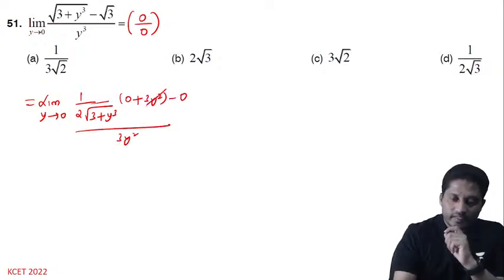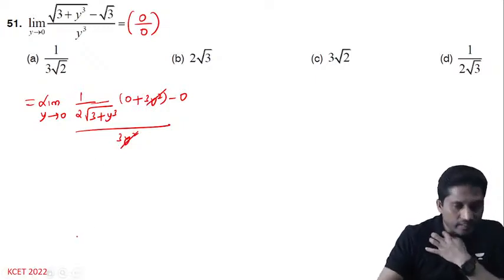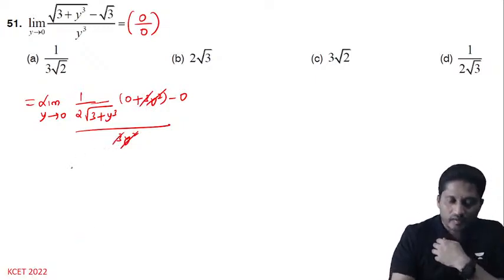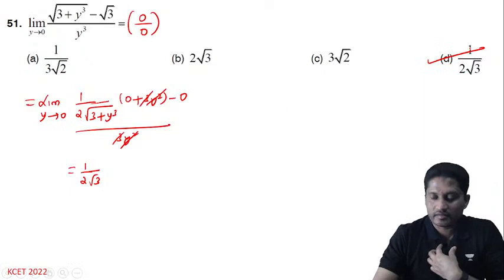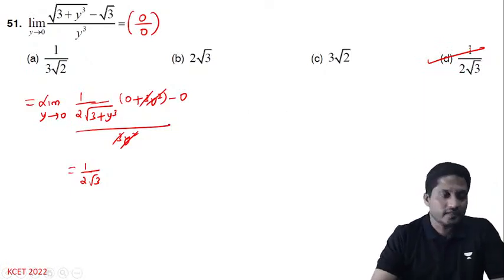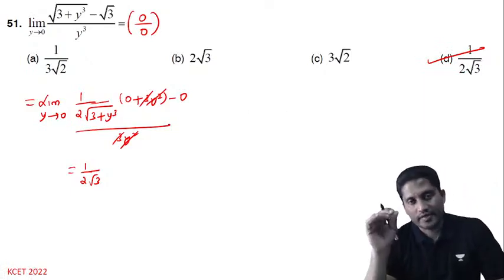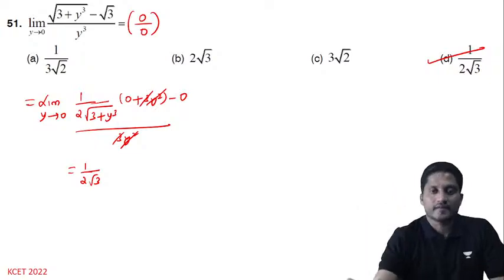This 3y square will cancel, and cancel 3 as well. y is tending to 0, you will get 1 by 2 root 3. Yes, answer is option D. Just use L'Hopital's rule: differentiate the numerator and denominator separately.